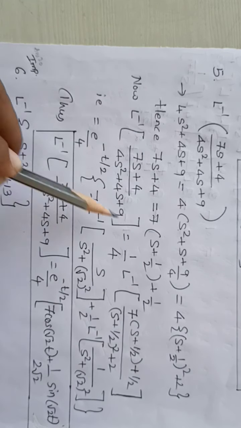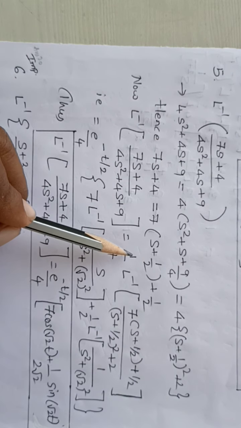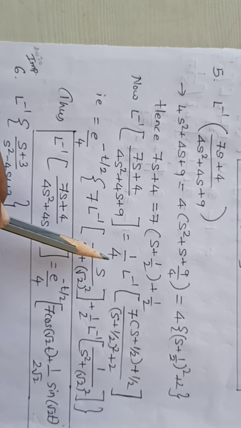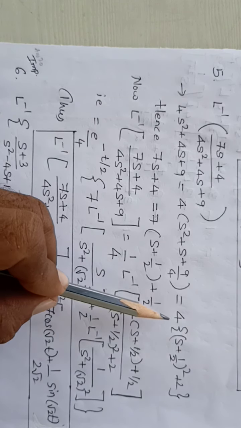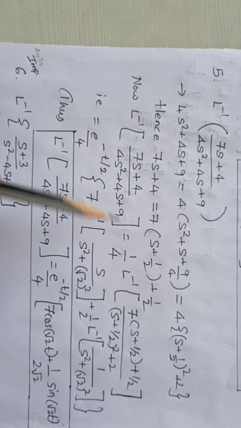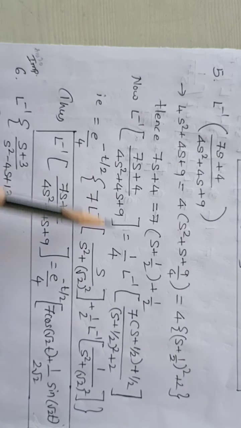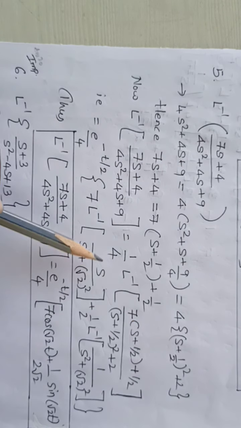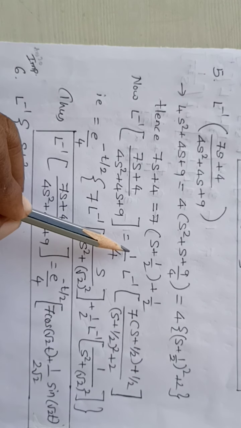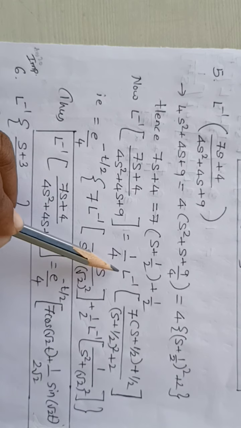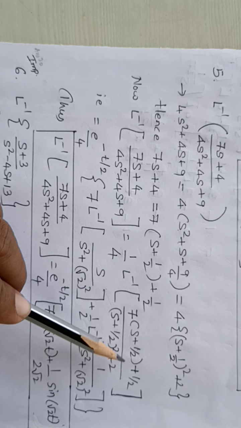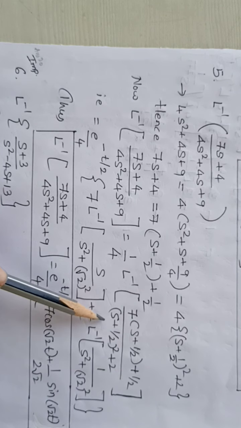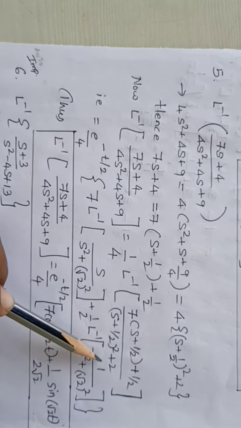Now Laplace inverse of the given function is equal to 1 by 4 into Laplace inverse of, this term 4s square plus 4s plus 9, it is in the denominator, that's why it is 1 by 4 Laplace inverse of. So in the numerator 7 times s plus half divided by s plus half the whole square plus 2.